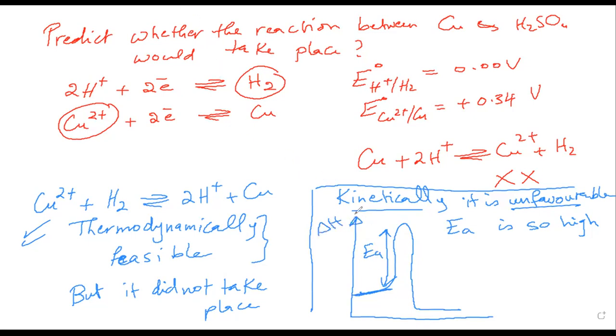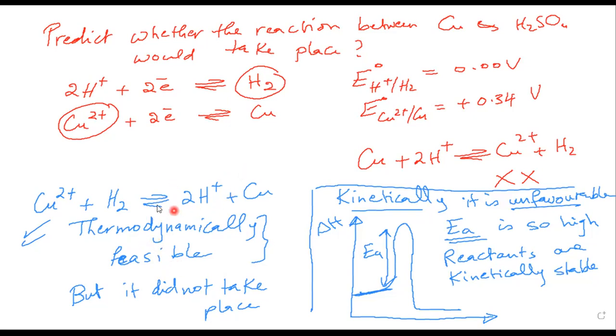When we draw delta H against the reaction pathway, if the activation energy is so high, we say that the reactants are kinetically stable. It means that they will not be able to form the products even if the reaction is thermodynamically feasible.